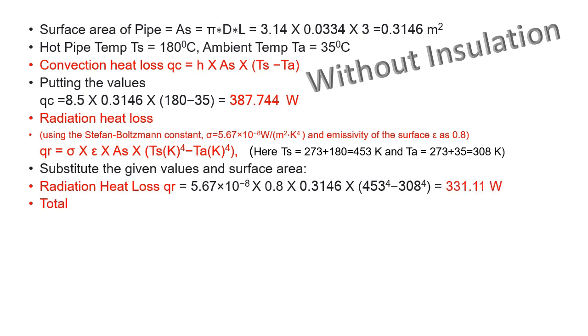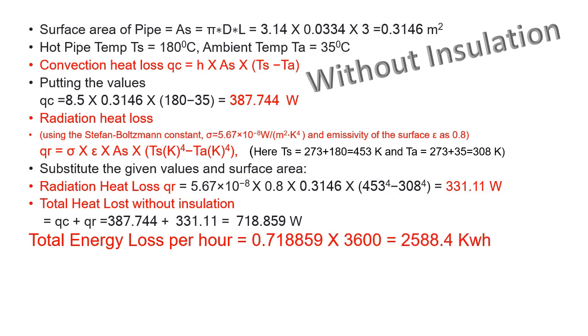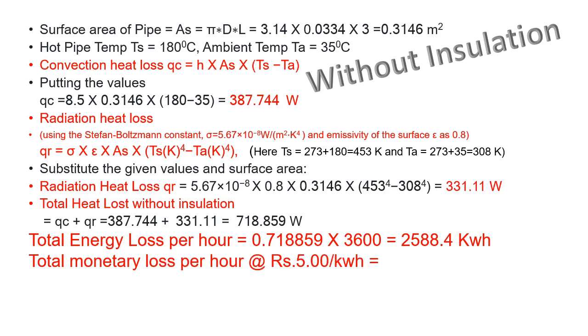So the total heat lost without insulation would be QR plus QC, which comes to 718.859 watts. The total energy loss per hour, converted into kW, is 0.718859 into 3600. So that comes out to be 2588.4 kilowatt hours.